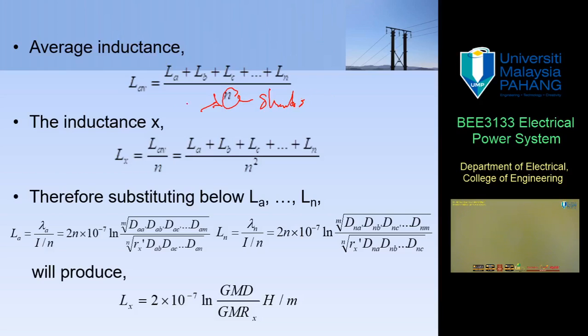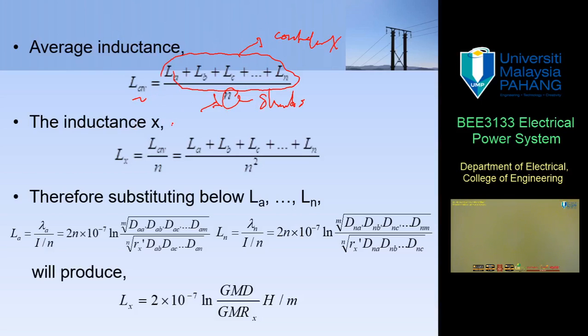So the average is the sum of all inductance obtained from the conductor X, and then we divide by the number of strands in that conductor X. Okay, then we get the average inductance.